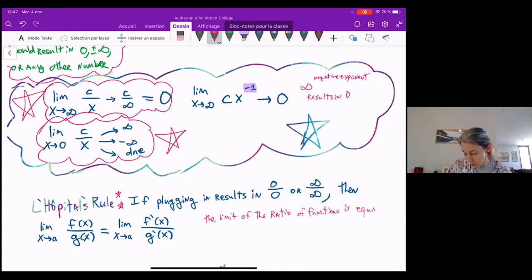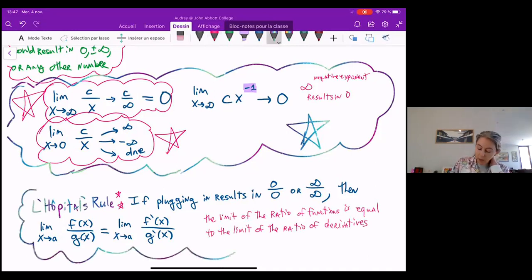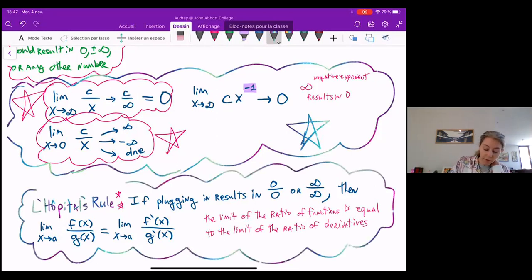So in other words, I can just do the derivative of the top over the derivative of the bottom. And so, as you can tell, we're going to need to remember our derivative rules in order to do this. So this is L'Hopital's rule. Let's see it in action. Let's see how it will work out if we actually do problems.